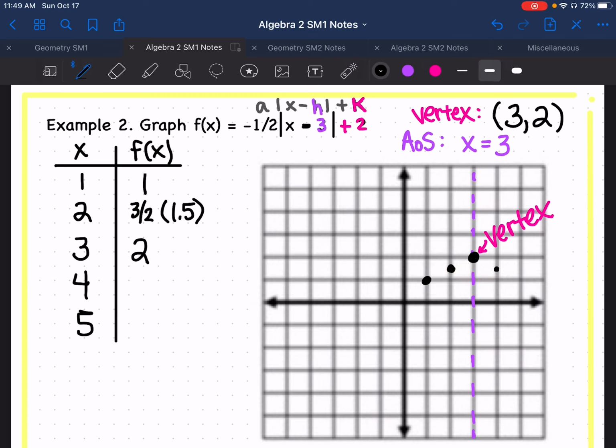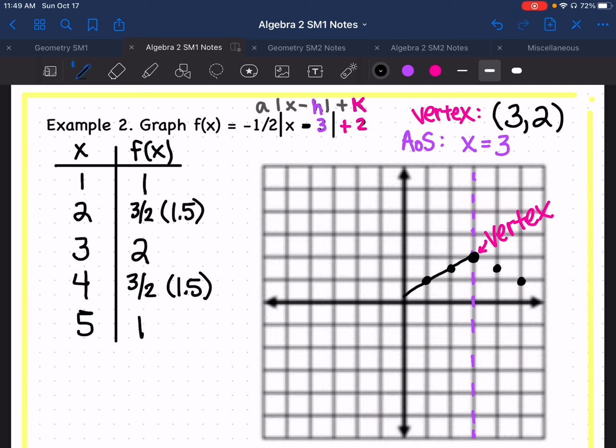So this should be my next point at 4 and 3.5. And that should show up in my calculator. And then I also know that since this one is 2, there's 1, 2 on this side as well, 5 and 1. And that shows up in my calculator as well.